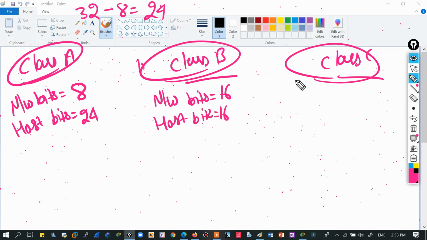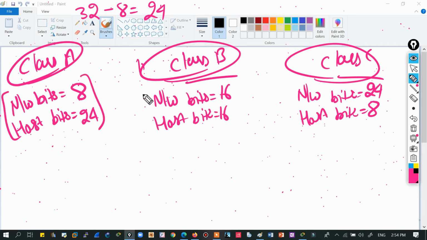And what about class C? Network bits 24 and host bits 8. Now this part is standard, we cannot change it, because it is specified by IANA.